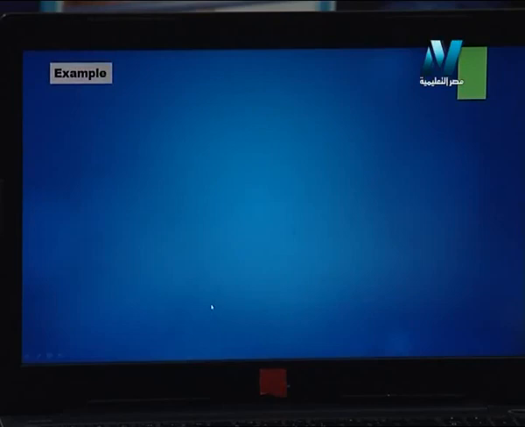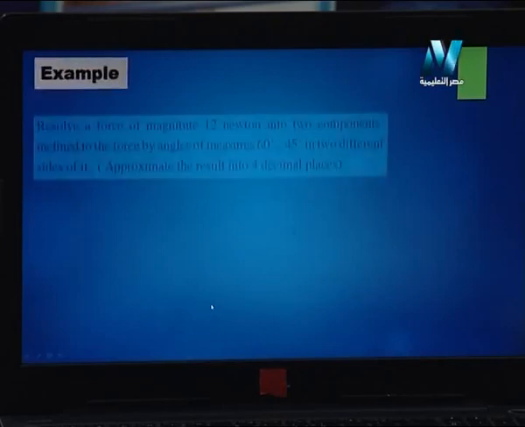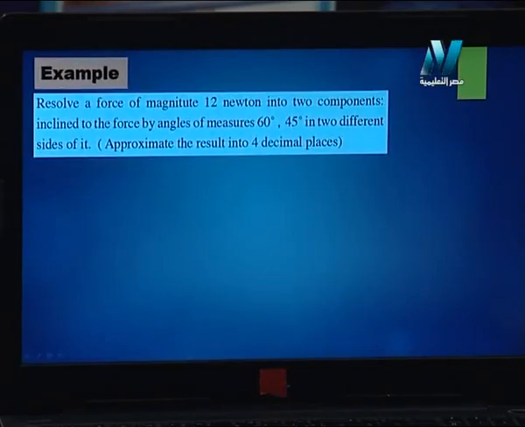Let's go to the example. Resolve a force of magnitude 12 Newton into two components inclined to the force by angles of measure 60 degrees and 45 degrees on different sides of it. Approximate the result to 4 decimal places.